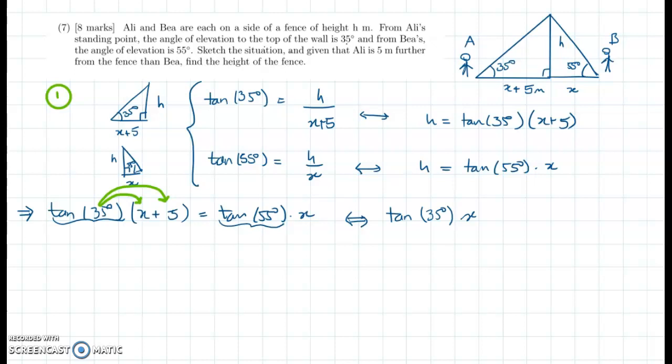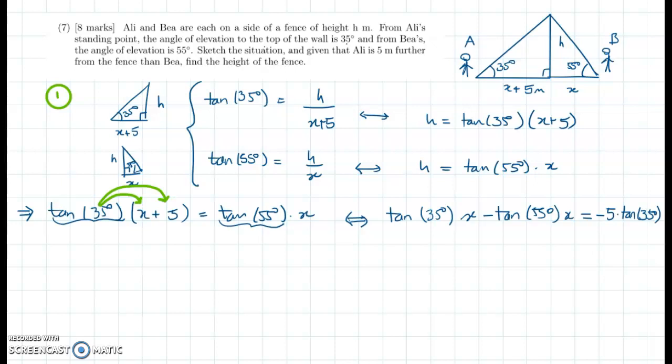So that's where the tangent of 35 times x comes from, and then I'm going to have minus tangent of 55 times x. That's the term that we have on the right hand side. And all of this has to be equal to minus 5 times tangent of 35. This is coming from the second term of the expansion, and on the other side we have a negative sign.